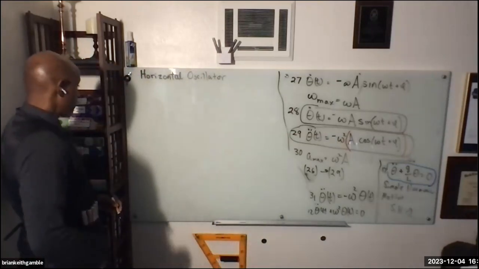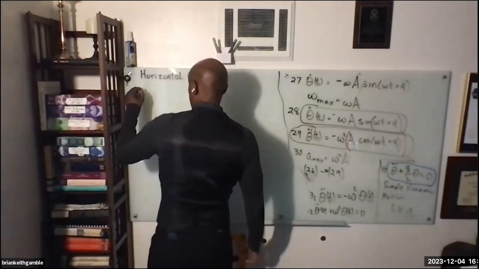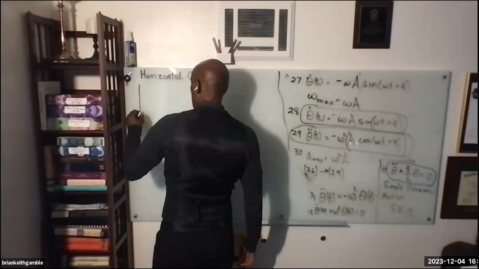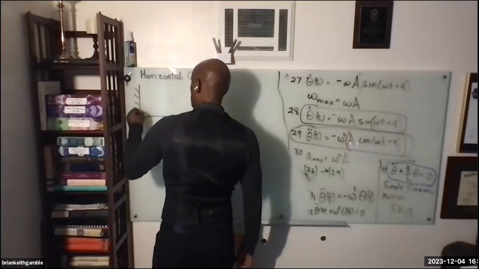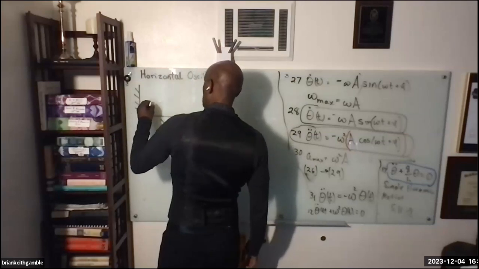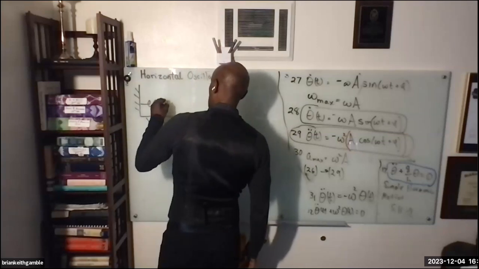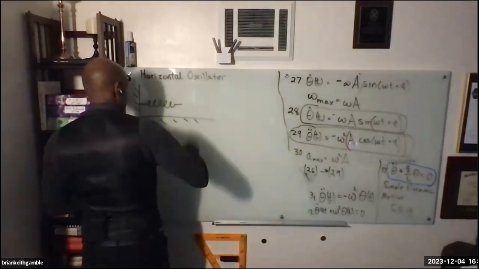This is going to be, what are we doing? Oh yeah, so this has got a surface, a wall and a surface. We're going to take a spring constant K and attach a mass to it.